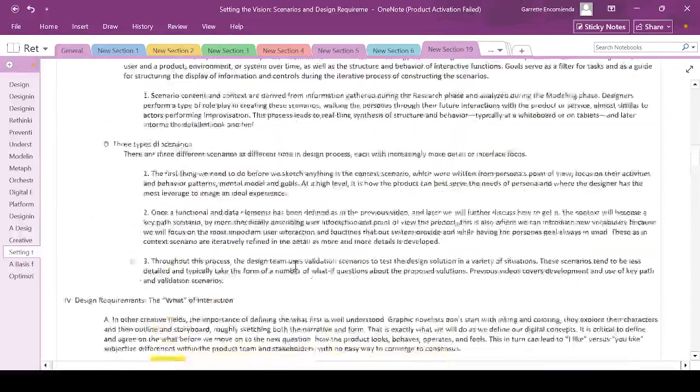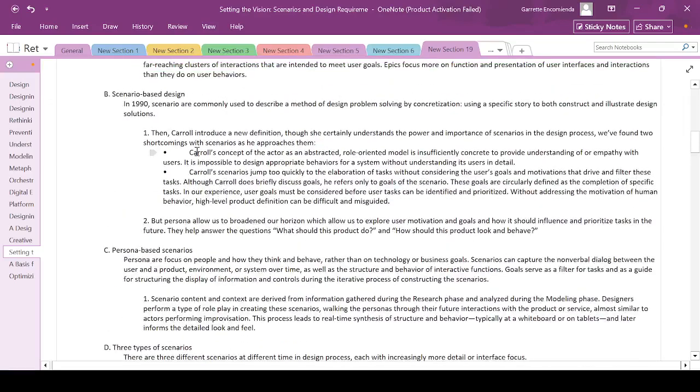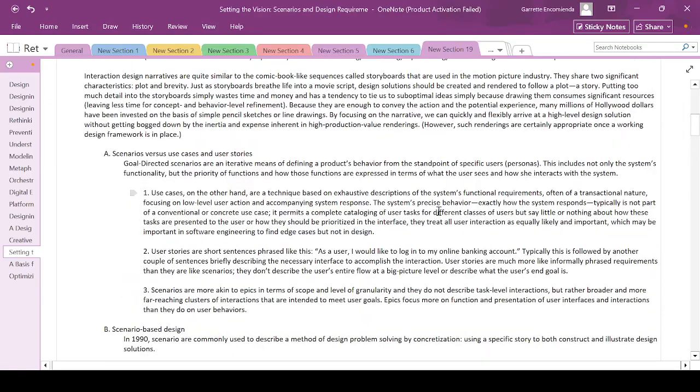Just a moment. Forgot where it is. Use cases.